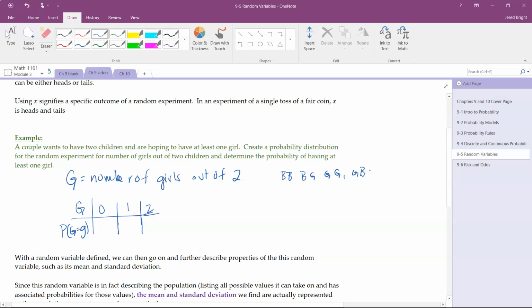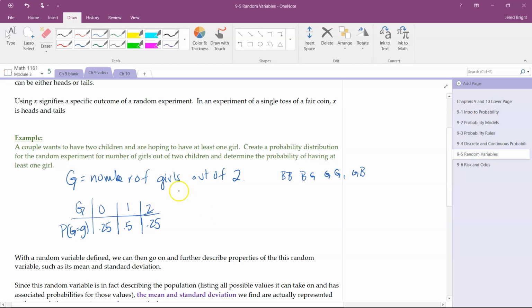So those are the different options we could get. But we'd have a 50% chance of having 1 girl, 25% chance of having 0 or 2 girls. So there's our probability model. And G here is just representing the number of girls we could have out of 2.